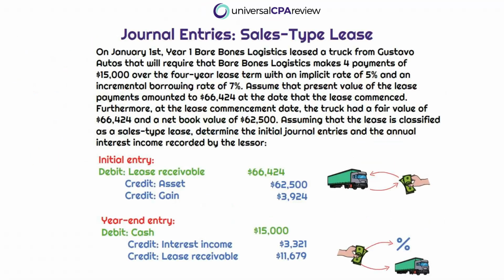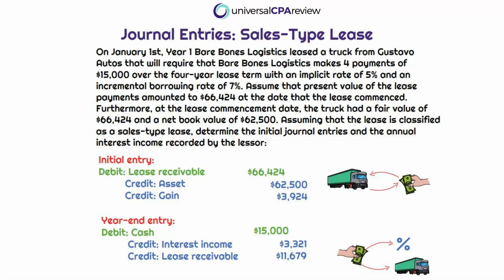Okay, so sales type lease example. On January 1st, year 1, Bare Bones Logistics leased a truck from Gustavo Autos that will require that Bare Bones Logistics makes 4 payments of $15,000 over the 4-year lease term with an implicit rate of 5% and an incremental borrowing rate of 7%. We have a present value of minimum lease payments that amounted to $66,424 at the date that the lease commenced.